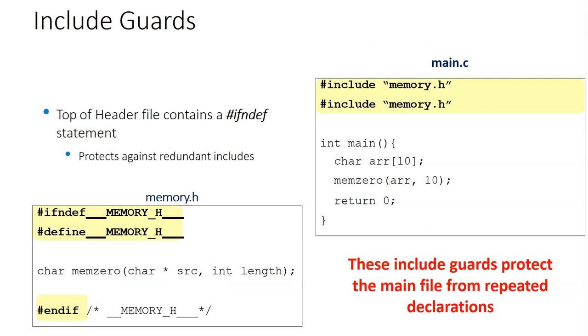This is the preprocessor directive shown here where we say if this symbol, in this example, memory H, is not defined, then that means this file has not been included in the compilation process yet, and so the compiler will incorporate this file, but the very first thing it does is define that symbol so that later another file will not include the same header file and generate errors later in the compilation.